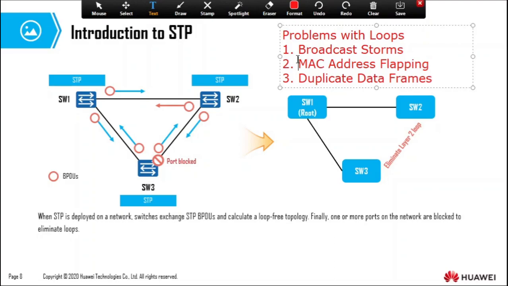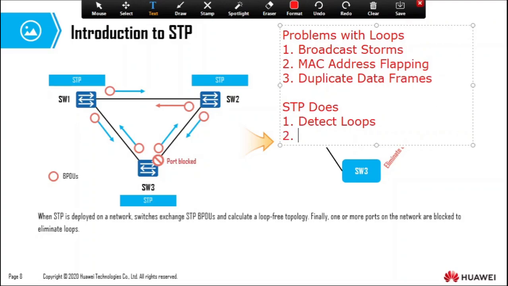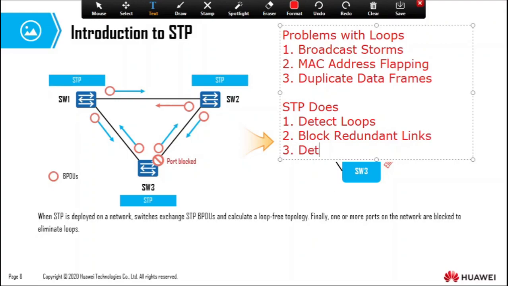So what STP does is, number one, detect loops. Number two, block redundant links. Number three, also detect topology changes.